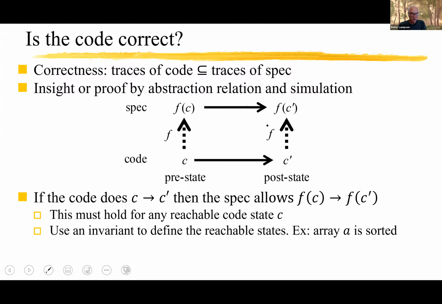So that tells you that this code corresponds to the spec for one step. And then induction says, chain this together and start in some appropriate initial state. And then that shows that for every possible trace of the code, there's a corresponding trace of the spec.